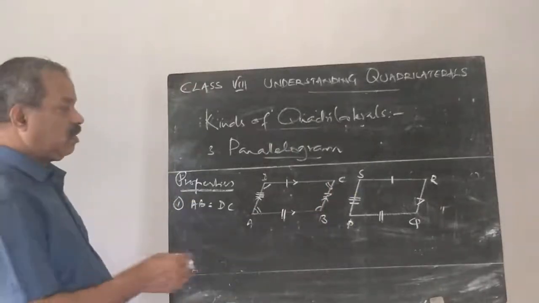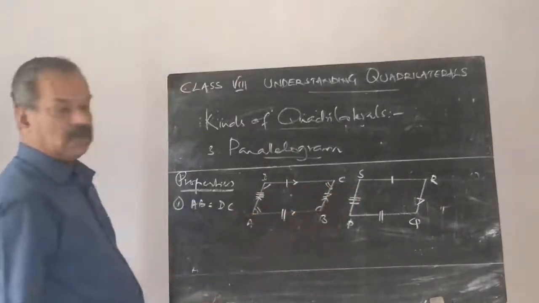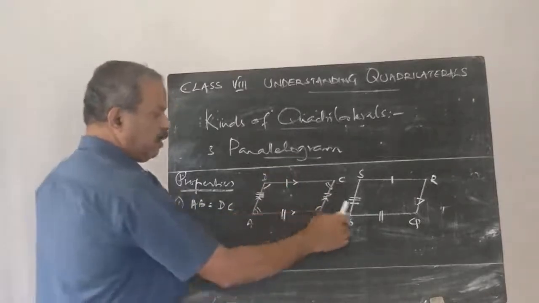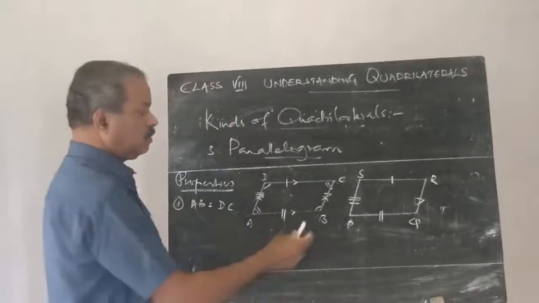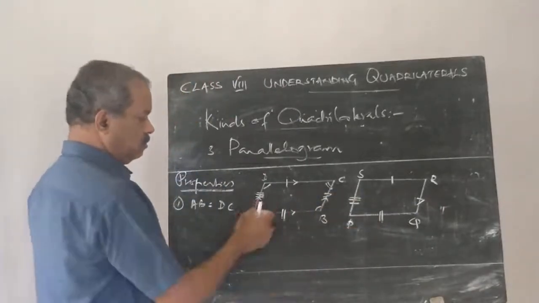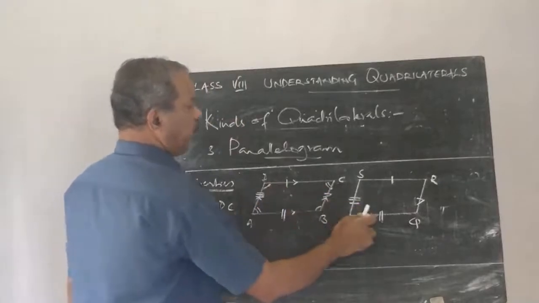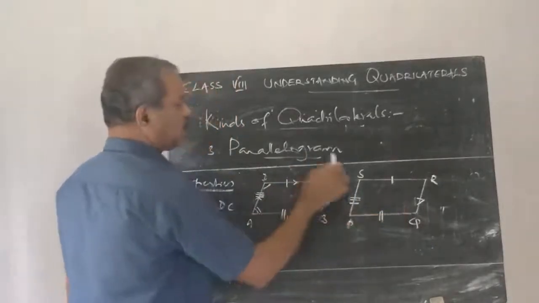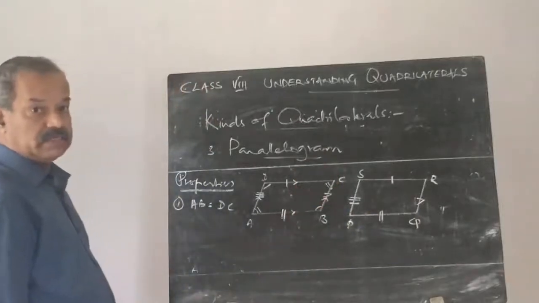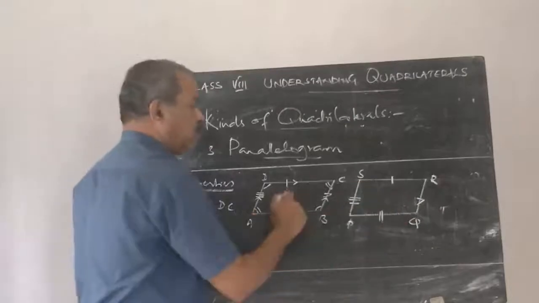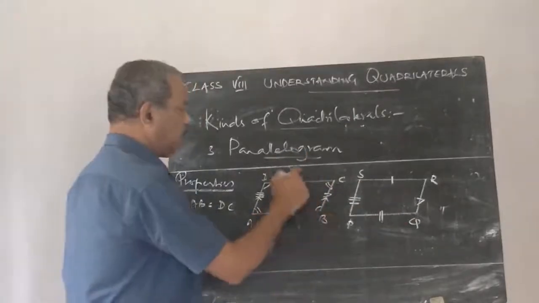Then what do we understand from this? The relation between AB and DC. AB equal to PQ already. We have taken these two figures in such a manner that PQ coincides with DC. That means the length of PQ and the length of DC are equal. We have already taken AB equal to PQ, but PQ equal to DC means AB equal to DC.